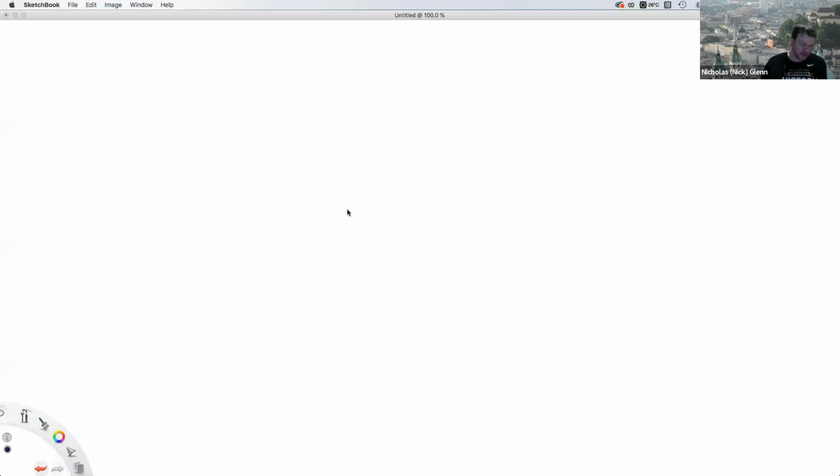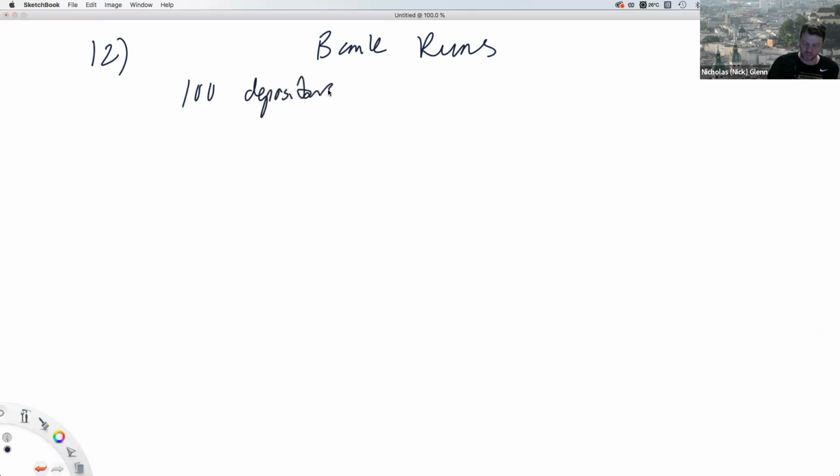Now, let's look at 12. This is looking at bank runs. So what do we have going on here? We have 100 depositors. They're depositing $100 each.